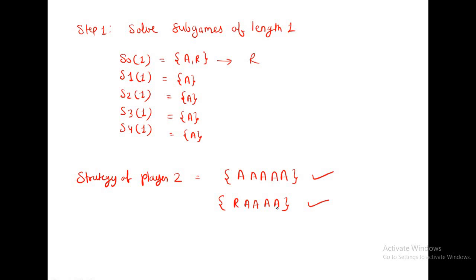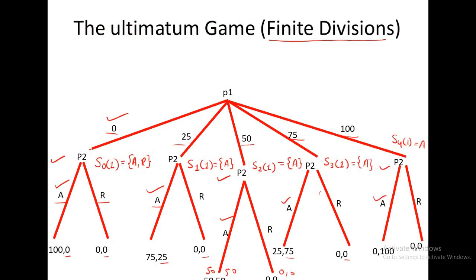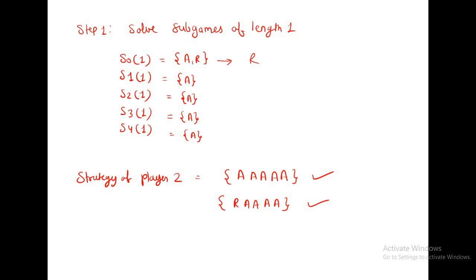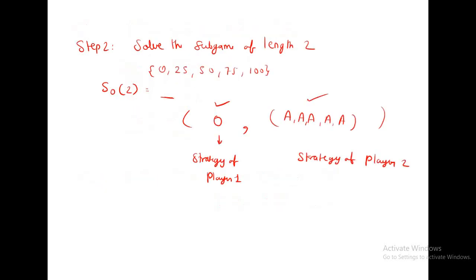RAAAA means he is rejecting the offer of 0 and he is accepting all other offers other than 0, in every subgame. The player P2 is not accepting the offer of 0 and he is accepting any offer which is greater than 0. So if I consider this strategy for the player 2, what will be the best response strategy for the player 1?